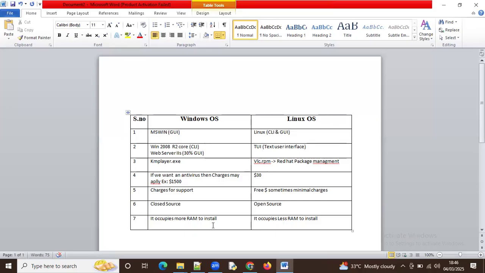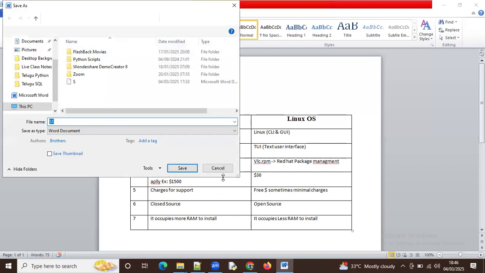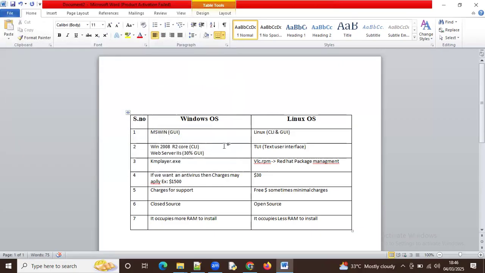These are some important differences between the Windows operating system and the Linux operating system. So I want to show which one occupies less RAM.